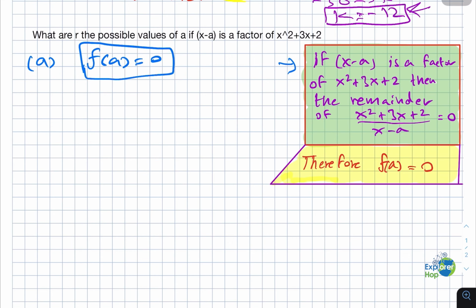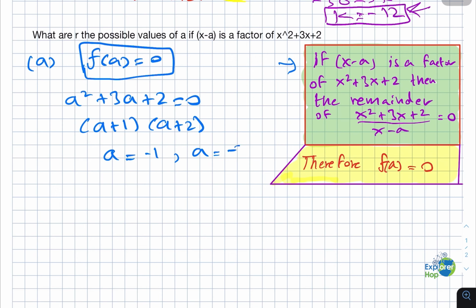Now let's solve this. So this is a squared plus 3a plus 2 equals 0. Now that we have this, we can factor this, and this would give us a plus 1 and a plus 2, which means that a equals minus 1 and a equals minus 2.